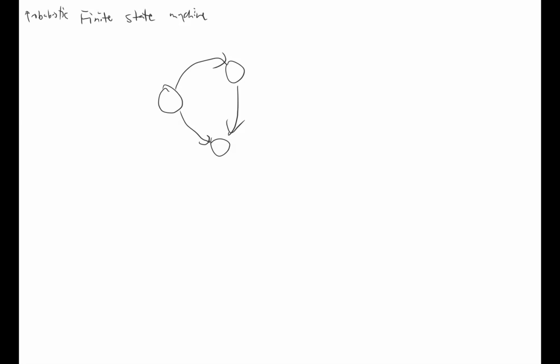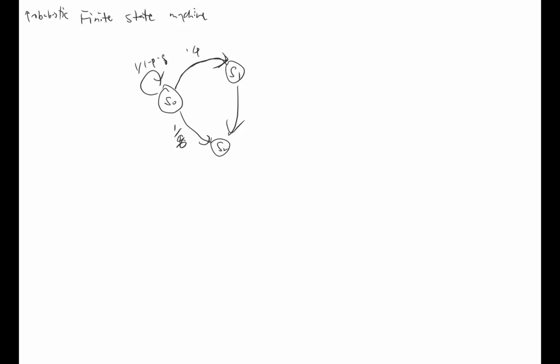You may have input or may have no input, but in either case, even when you have an input, from this state, maybe S0, I go to S1 or S2. Even with the same input, say 1, there would be a probability that I jump to this state with some probability P, jump to that state with some probability Q, and maybe stay in itself with probability 1 minus P minus Q.